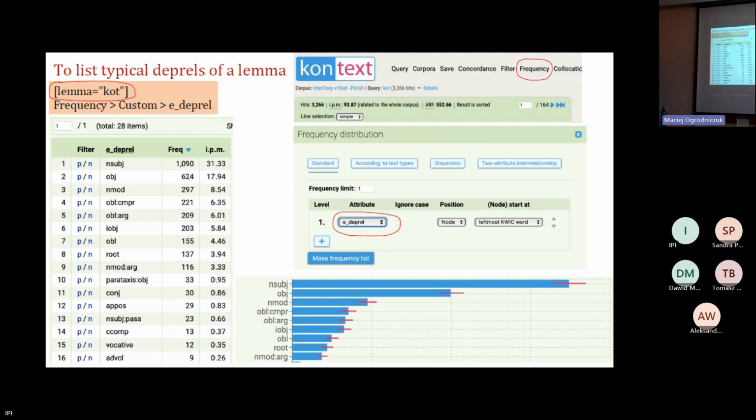So this is how you pick which attribute you want to use in that statistical overview. So this is how you pick the dependency relation.